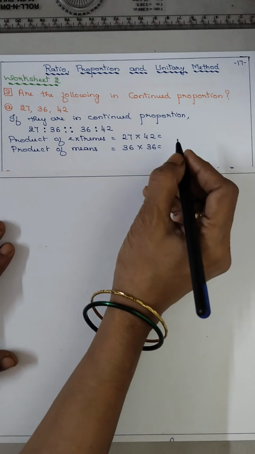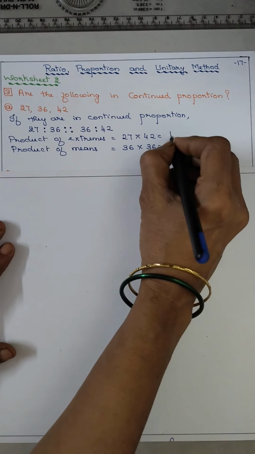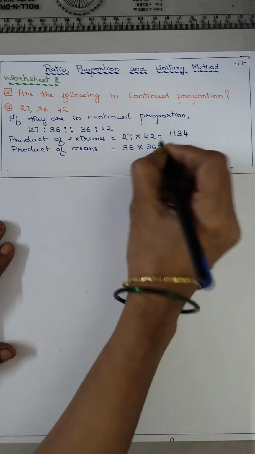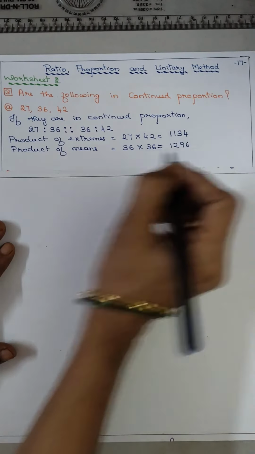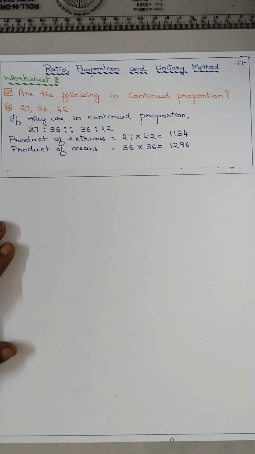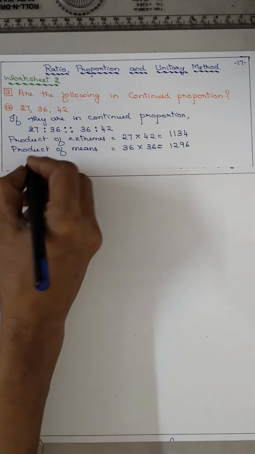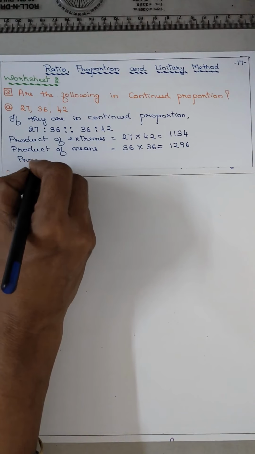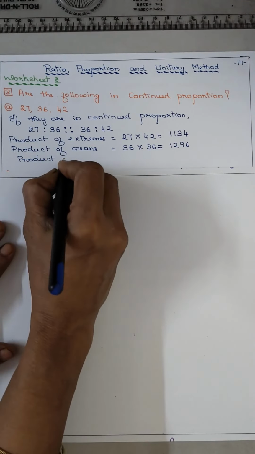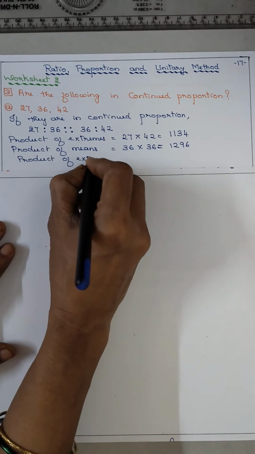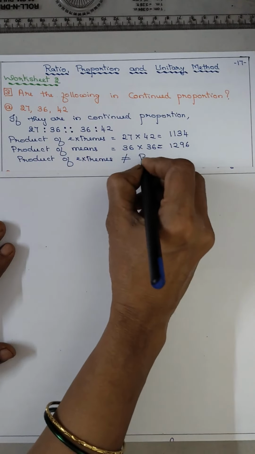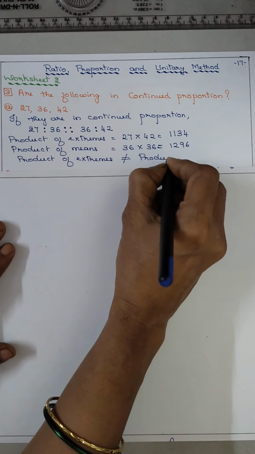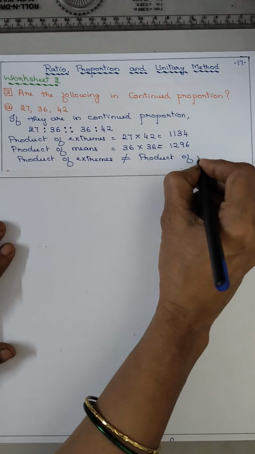When you multiply 27 into 42, you will get 1134. 36 into 36, you will get 1296. You have to multiply and then see. Now they are not equal. So product of extremes is not equal to product of means.